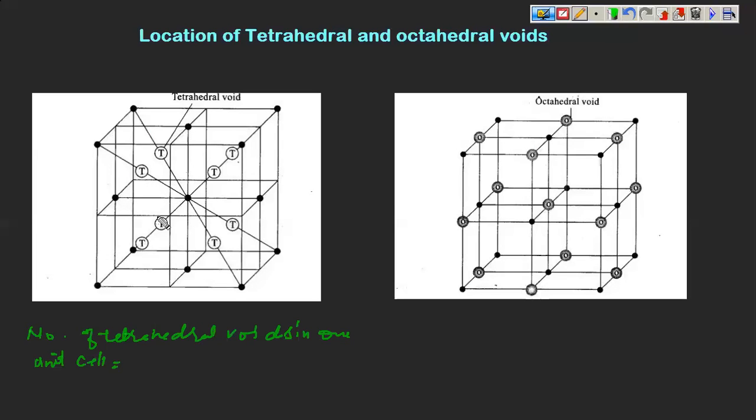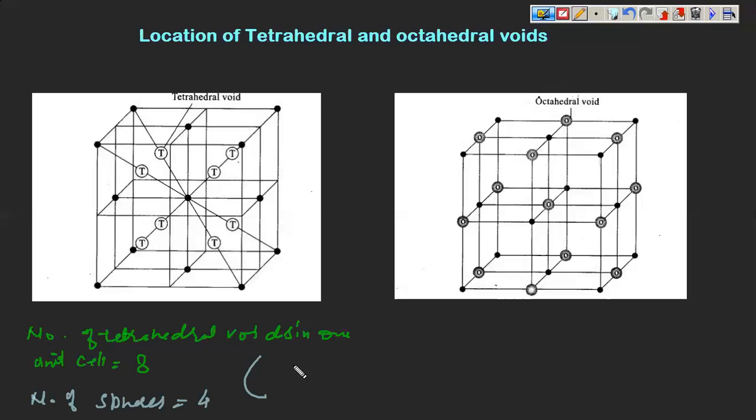There are a total of 4 body diagonals in a unit cell, and each body diagonal has 2 tetrahedral voids. So the total number of tetrahedral voids is 8. In a face-centered unit cell, the number of spheres, which we have already calculated, is 4. So the number of spheres is 4 and the number of tetrahedral voids is 8.